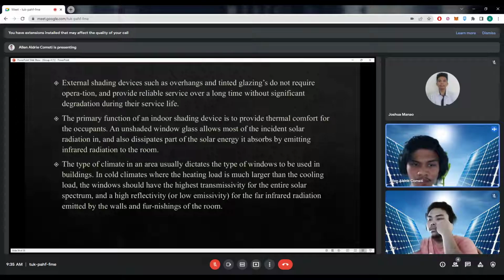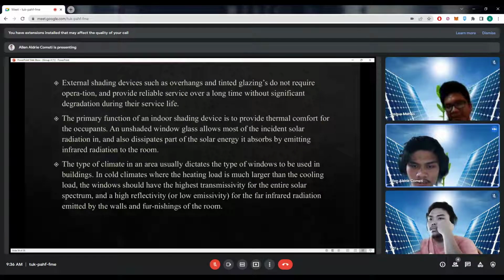The type of climate in an area usually dictates the type of windows to be used in buildings. In cold climates, where the heating load is much larger than the cooling load, the windows should have the highest transmittivity for the entire solar spectrum and high reflectivity or low emissivity for the far infrared radiation emitted by the walls and the furnishing of the room.